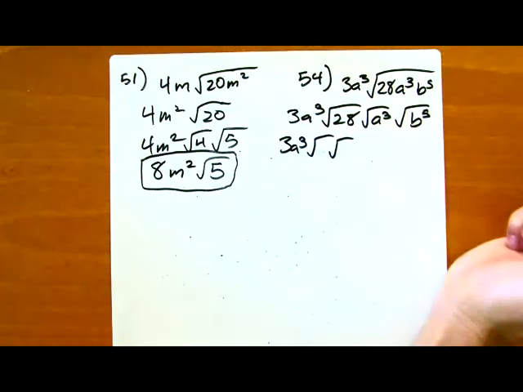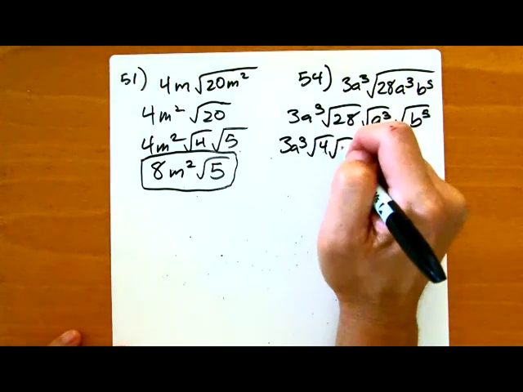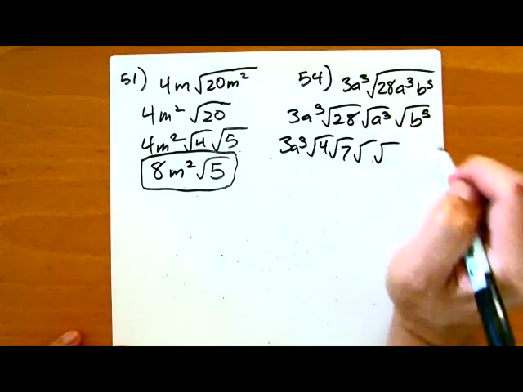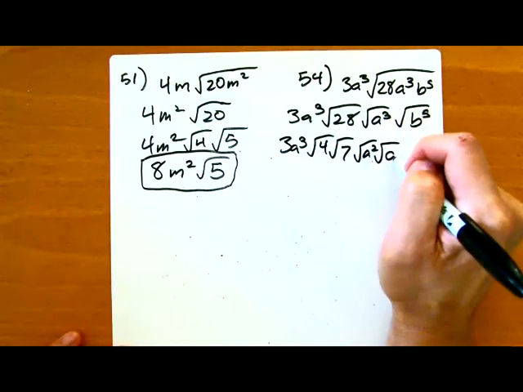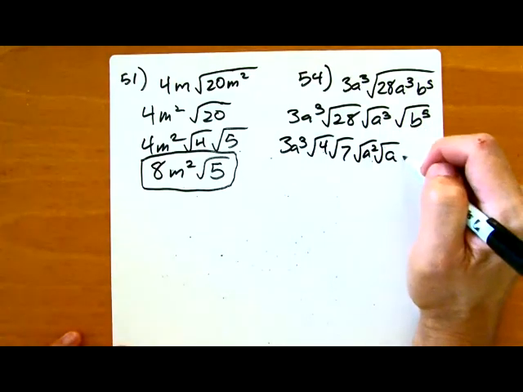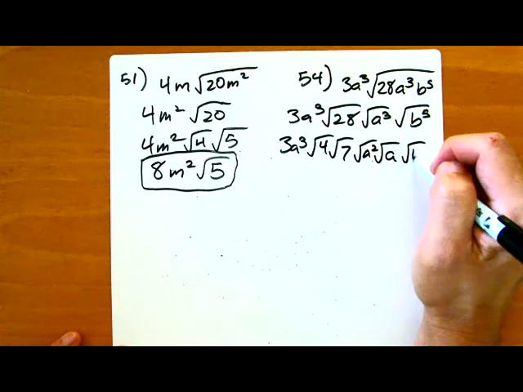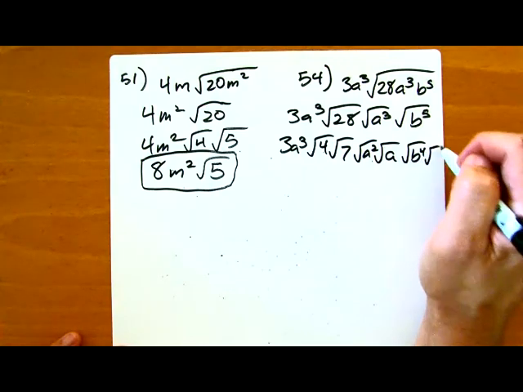How can we factor the 28? 4 and 7. The a to the third: a squared and a. The b to the fifth: b to the fourth and b.